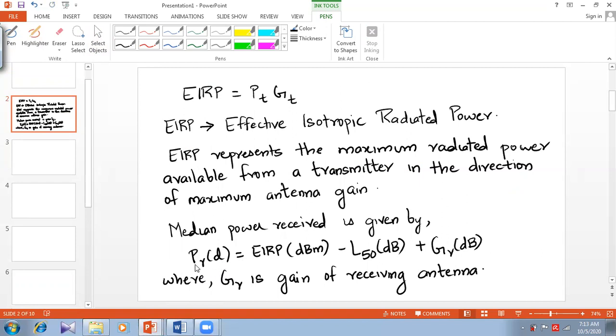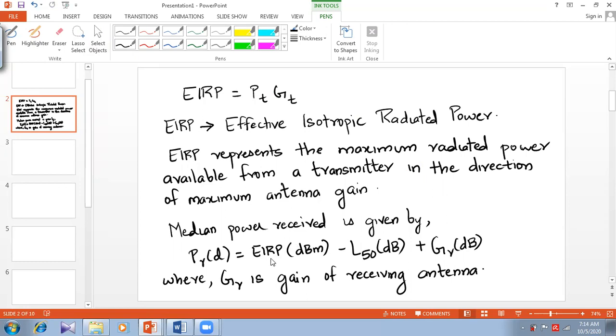What would be the median received power? For which the formula is PRD is equal to EIRP in dBm minus L50 in dB, which is the Okumura path loss which you will be calculating, plus GR in dB again, where GR is the gain of your receiving antenna. So this also has to be calculated along with the Okumura path loss.